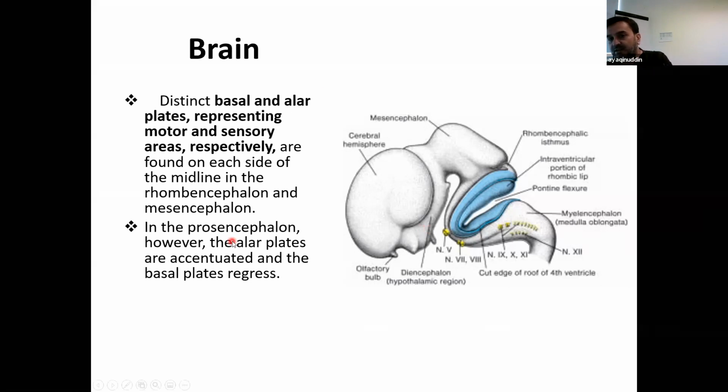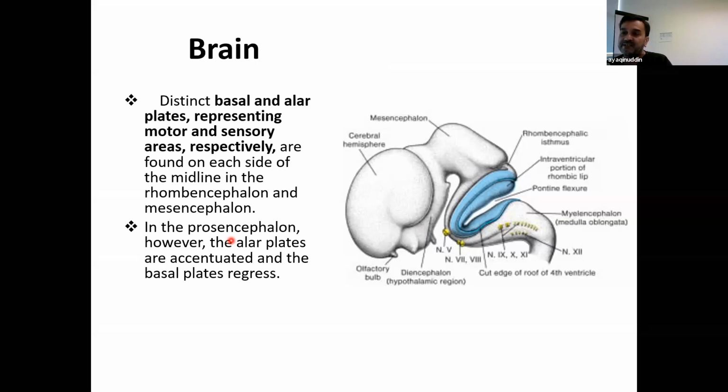But coming back to the structure, we saw that you have the basal plates in the spinal cord lying ventrally, and the alar plates in the spinal cord lying dorsally. And you know that basal plates give rise to the motor neurons, and the alar plates in the spinal cord give rise to the sensory neurons.